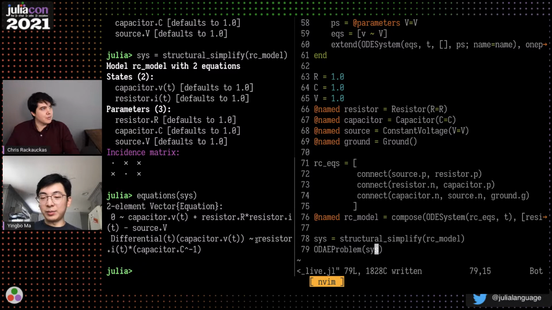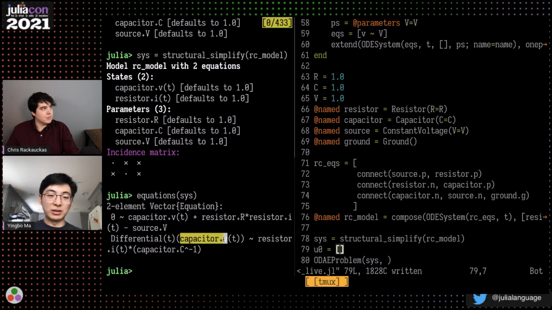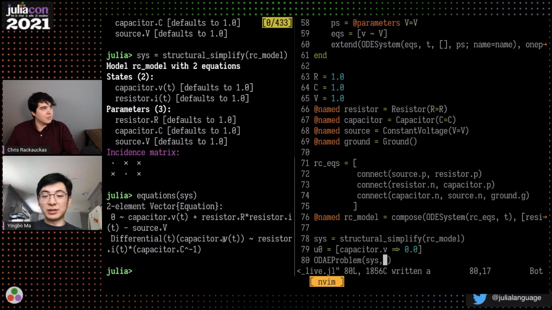For the ODE problem, we need to specify the initial condition. We probably need to specify the capacitor voltage. Do we? Yeah, we need to specify the initial condition for the capacitor voltage. Let's just say it starts from 0, and we want to simulate it from 0 to 10.